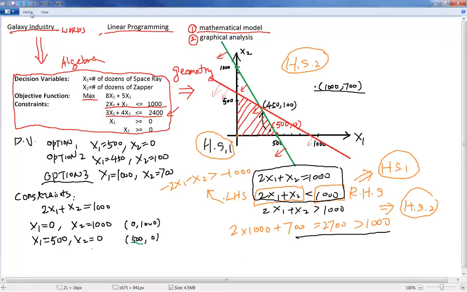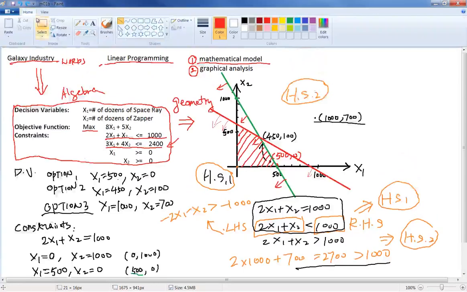Let me tidy up this graph a little bit before I introduce a few new terminologies. Again, these coordinates are for this point here.